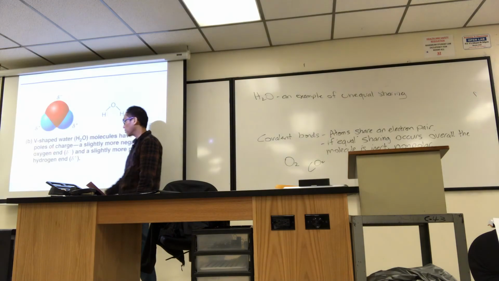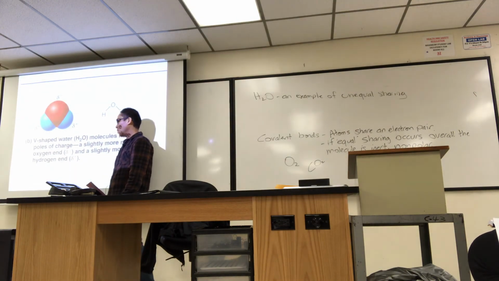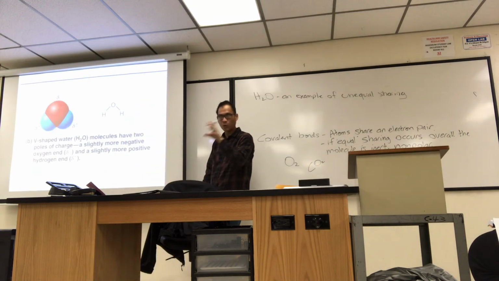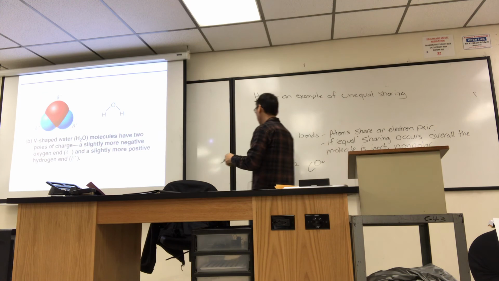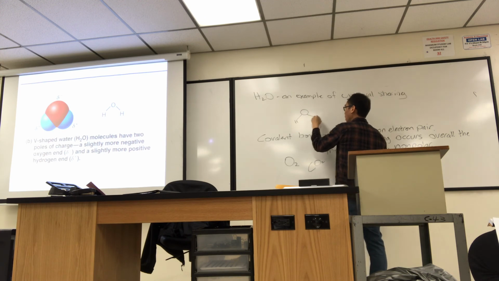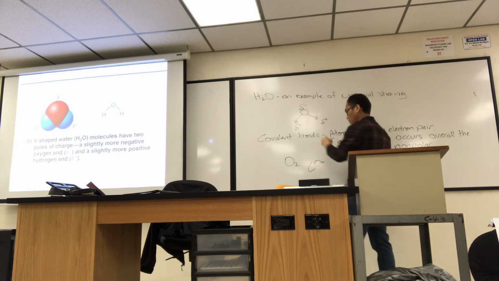That's why they use this little delta, a partial negative charge, delta partial positive charge. It's not a full charge like sodium or chloride, which is full negative, full positive. So that's why they use this symbolism. Delta positive, delta negative, partial charge.